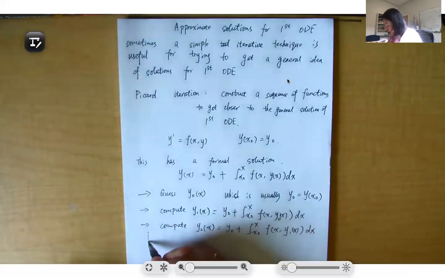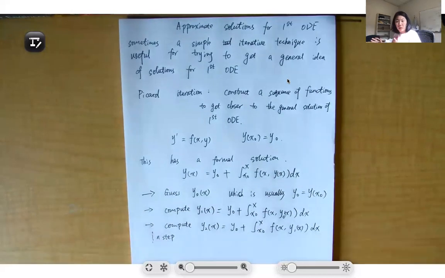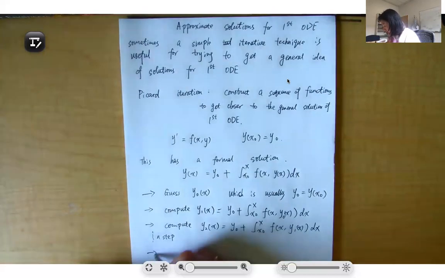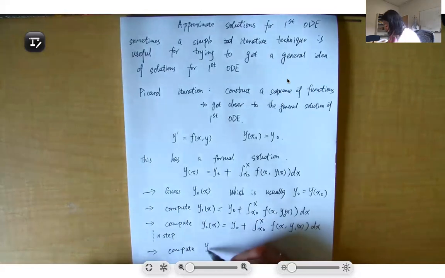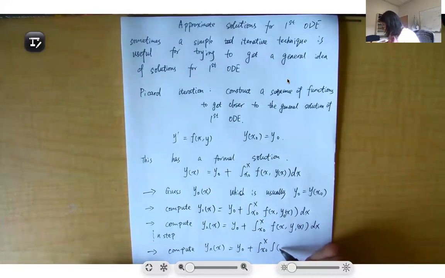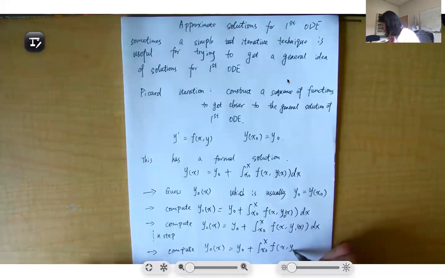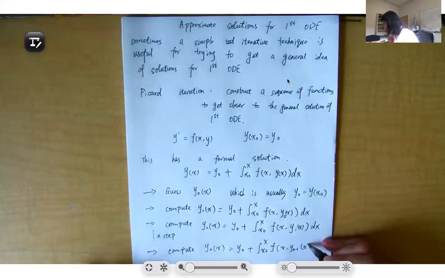Then we can compute the n-th step, so the solution will be closer to our final solution of the first order ODE. We compute yn(x), which equals y0 plus the integral from x0 to x of f(x, y(n-1)(x)) dx.